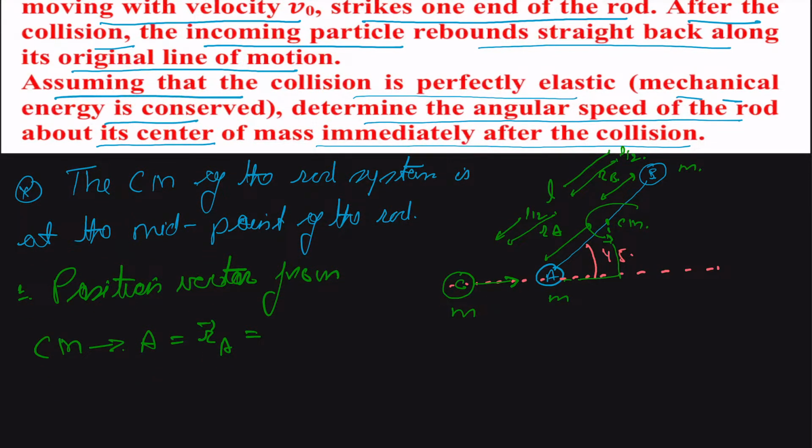So we can say position vector will be equal to L by 2 times cos 45 i unit vector plus sin 45 j unit vector. And with cos and sin being 1 by square root of 2, this comes as L by 2 root 2 times (i plus j).